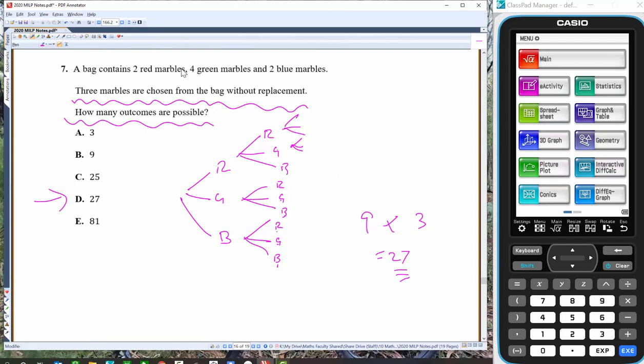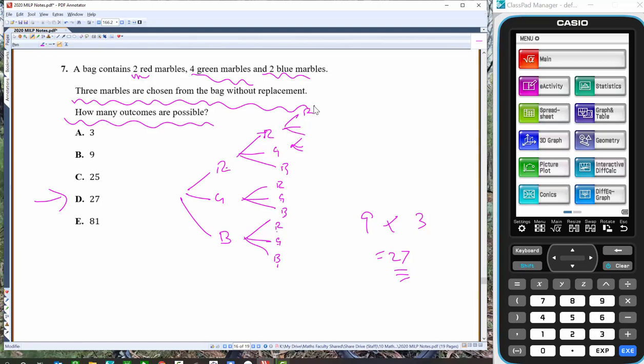But wait. Okay. Now we're going to note here that what is the case is we've got 2 red marbles, 4 green marbles, and 2 blue marbles. Now what we're actually going to have to do is look at what outcomes are actually possible. Now, if we've got 2 red marbles, if I pick a red followed by a red, what I can't get is the outcome red, red, red.